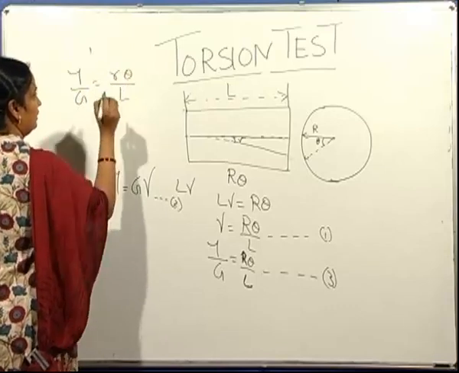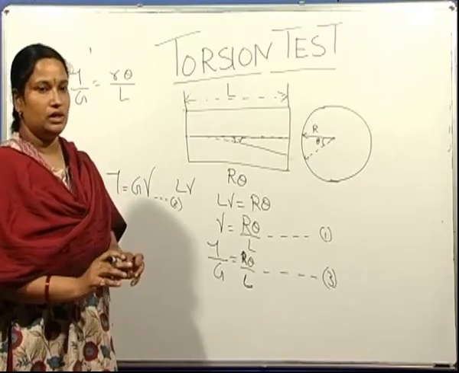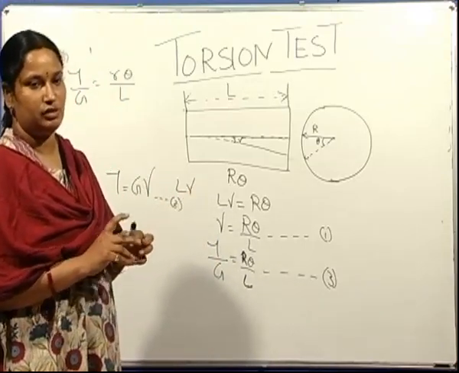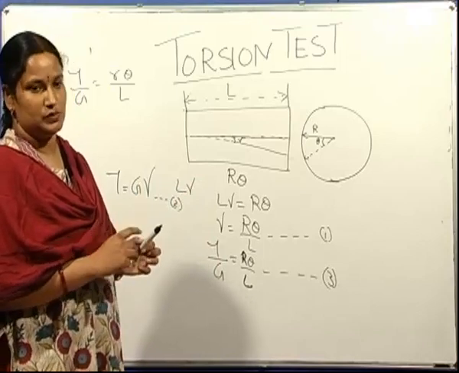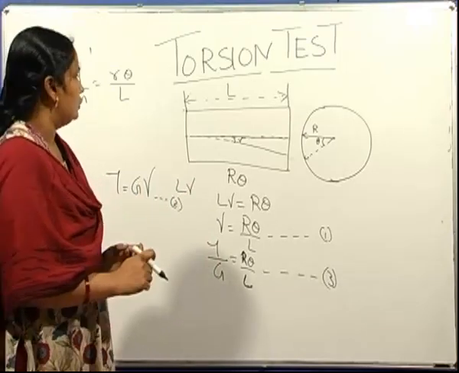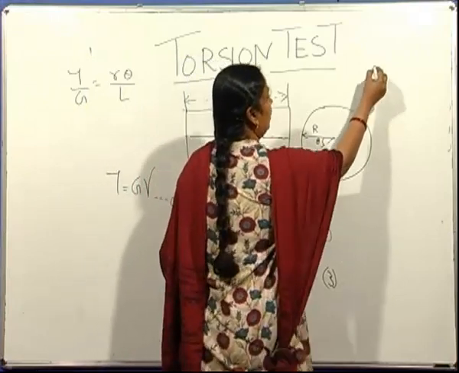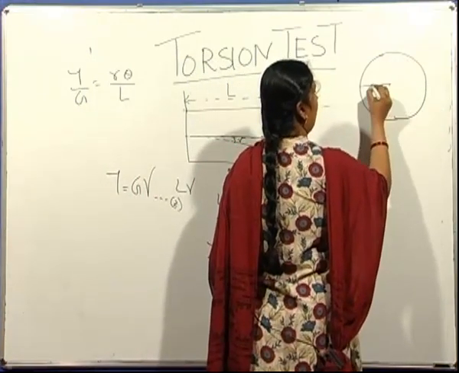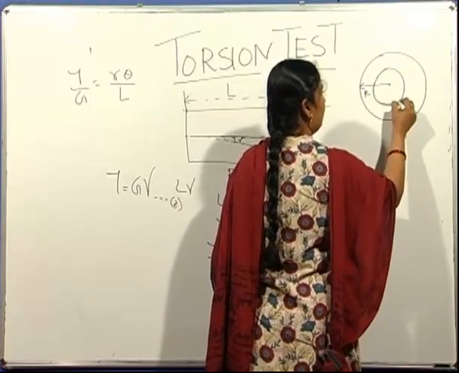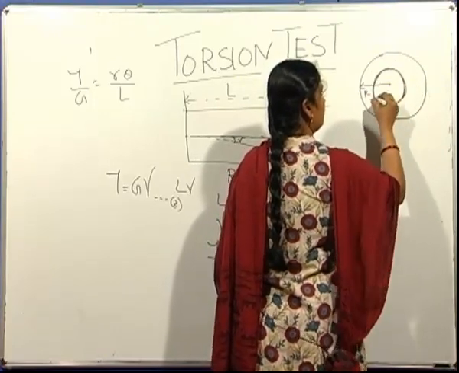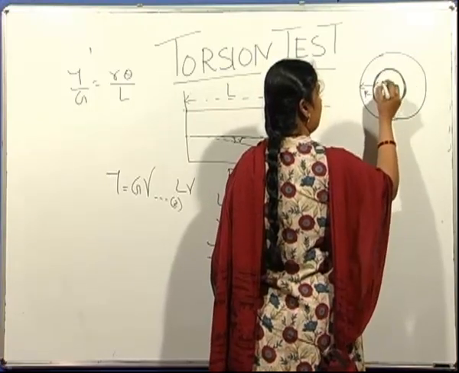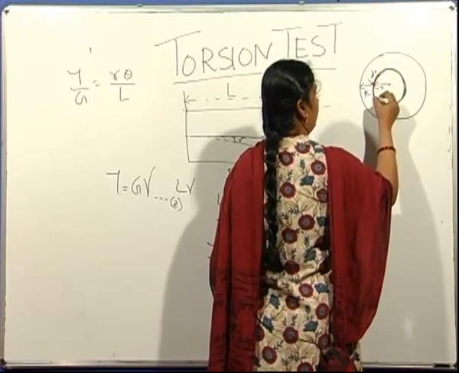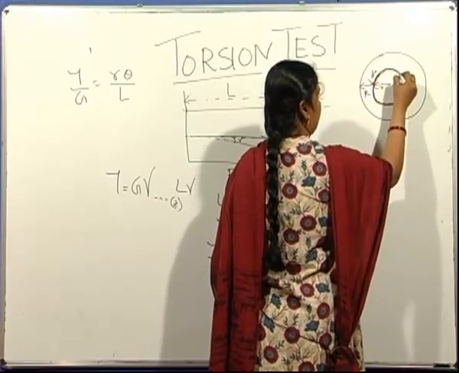When torque is applied onto this shaft, internal forces try to resist this twisting moment. We consider a small elemental ring of thickness dr at radius small r, over which shear stress is acting.